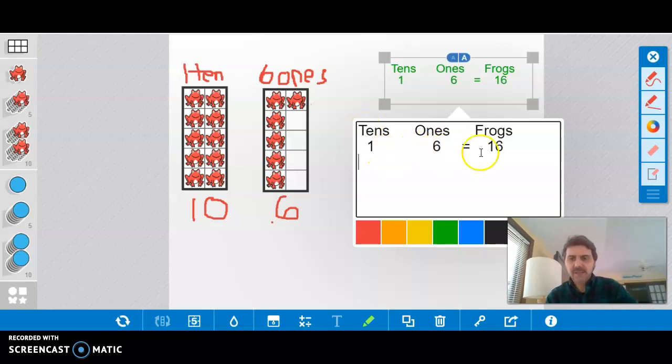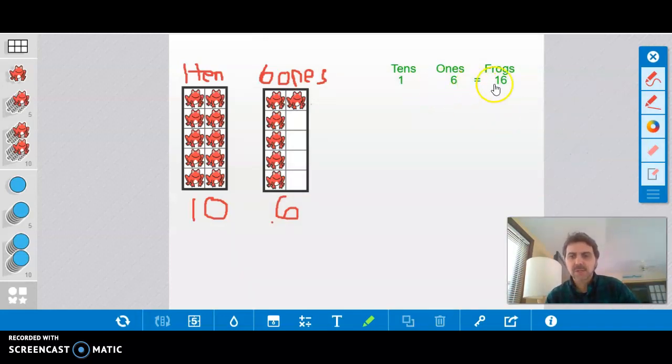Now, do you notice anything about the 1 and the 6? I can't hear you, of course, because this is a video, but what I notice is that there's 1 ten and there's a 1 right there in 16. And there's 6 ones and there's a 6 right there. So I wonder if that works for other numbers.